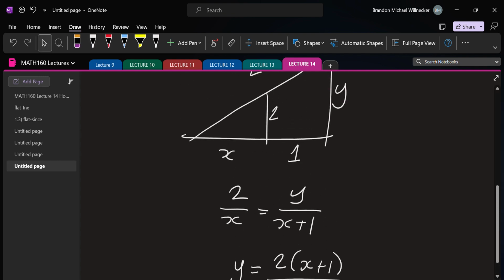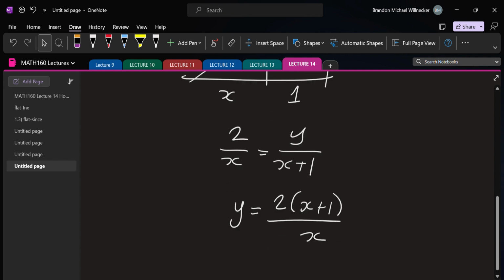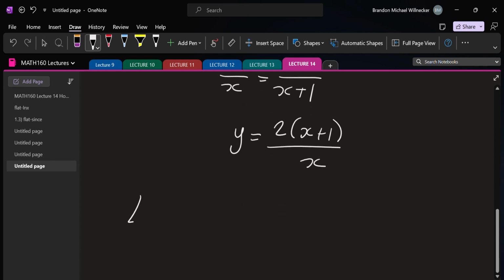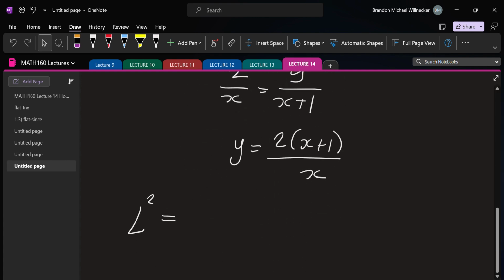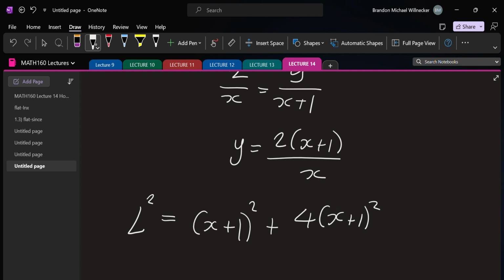So instead of two variables x and y, we now have one variable x. Everything is now in terms of x. Let's find the distance squared, so L squared. That's going to be the square of the hypotenuse, the square of this side plus the square of that side. So the square of the bottom is (x plus 1) squared.